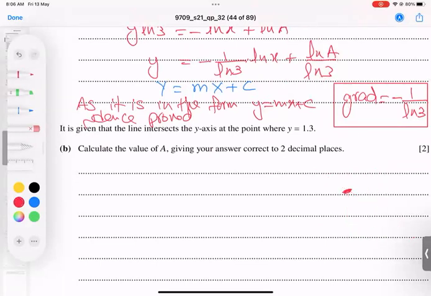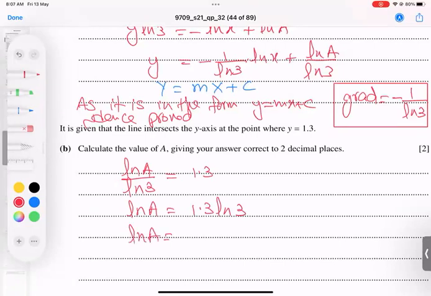So I'm going to replace it. ln a divided by ln 3 is equal to 1.3 times 2 ln 3. So ln a equals 1.3 times 2 ln 3, and if you check it, it becomes 1.428195.